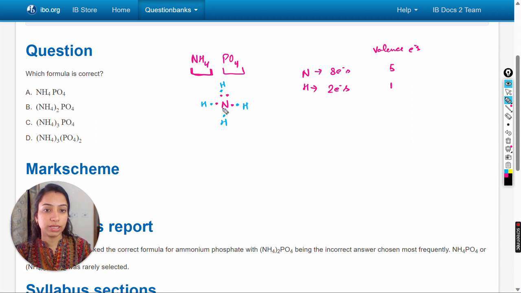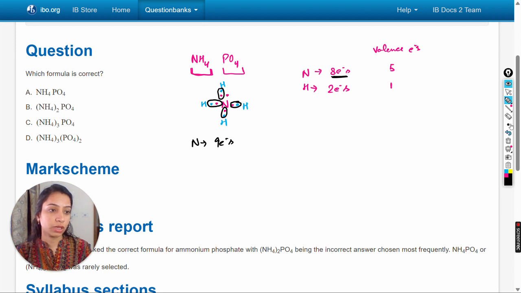5 electrons around nitrogen and 1 electron of each hydrogen. So there are 4 bonds between nitrogen and hydrogens. Each bond contains 2 electrons. So there are 8 electrons in these 4 bonds and this extra electron, which means there are a total of 9 electrons around the nitrogen, but according to the octet rule there should be 8 electrons, which means it has to lose 1 electron to complete its octet.